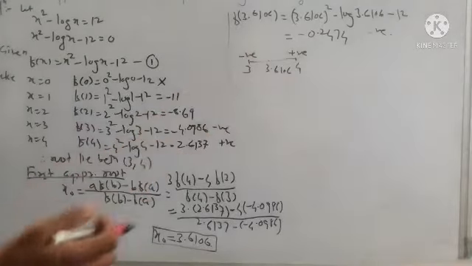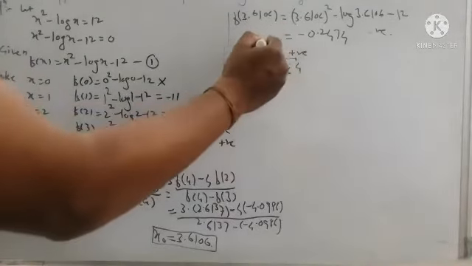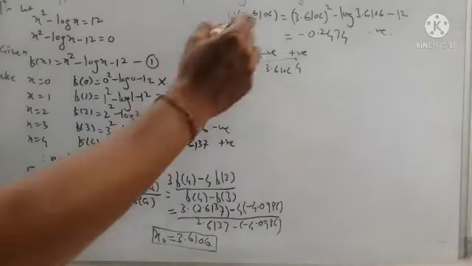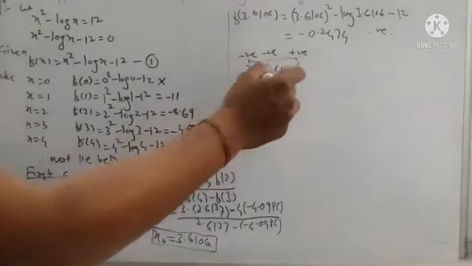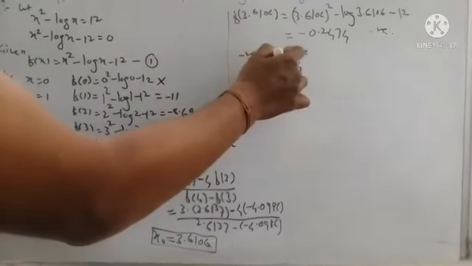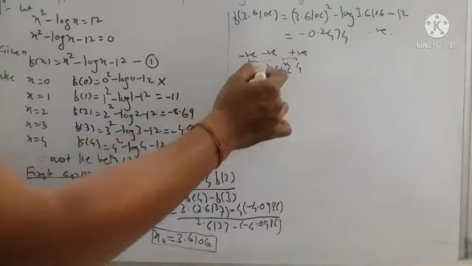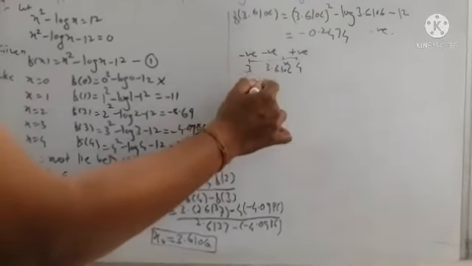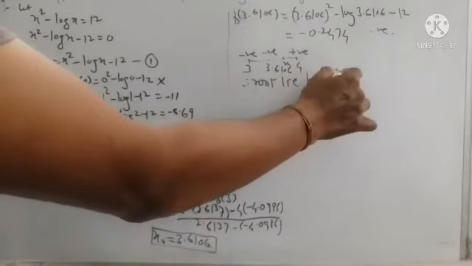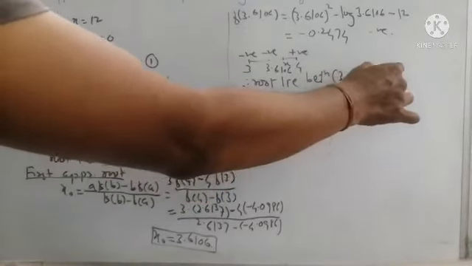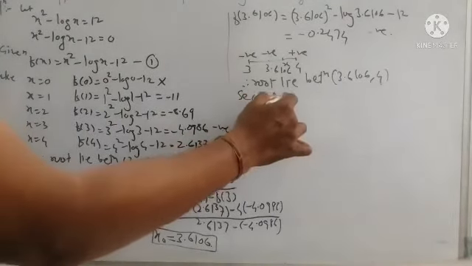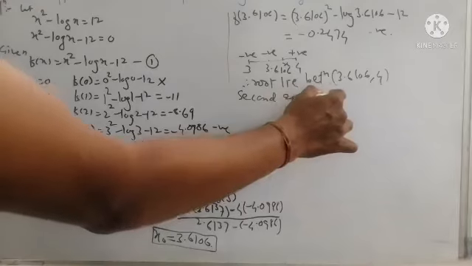For 3.6106 the function has a negative sign, so you can observe that the sign changes for 3.6106 and 4, from negative to positive. So the root of this algebraic equation lies between 3.6106 and 4.